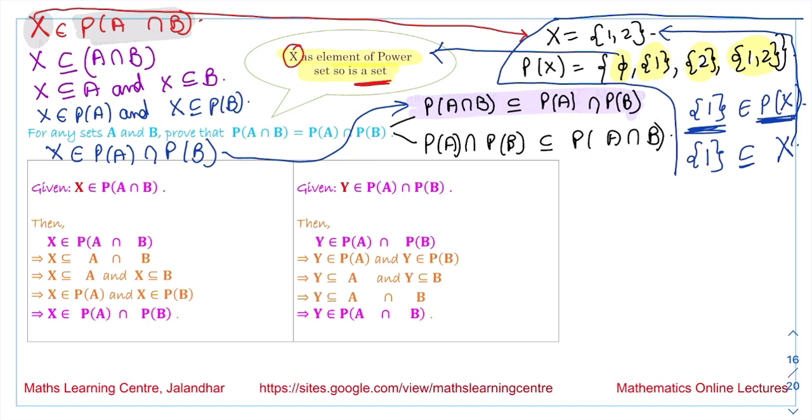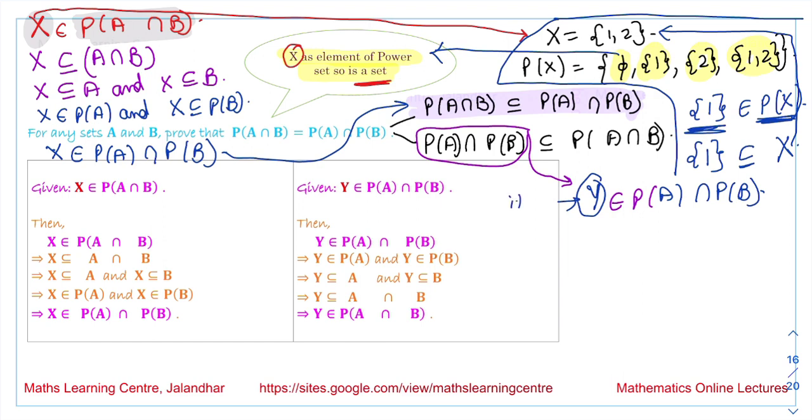To prove the second part, suppose Y belongs to the power set of A intersection the power set of B. Again, this Y is itself a set because it is an element of a power set.